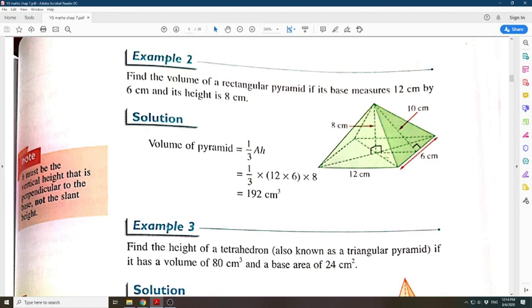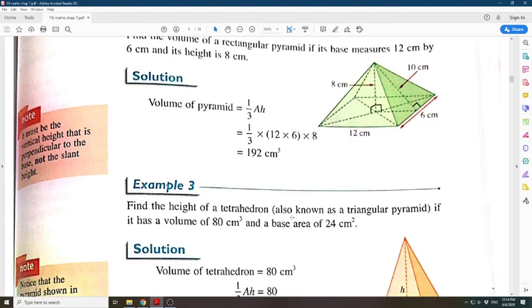You should use the height, the one from the tip, the apex, to the base, in this case 8 cm. That is what we call the height. So 12 times 6 is 72, 72 times 8 equals 576, and then I divide by 3, or I times 1 over 3, I get 192.